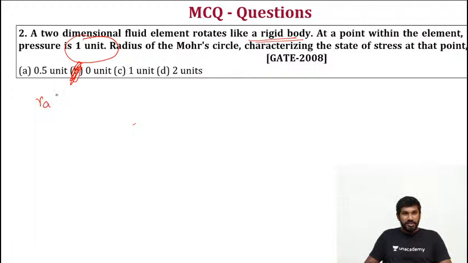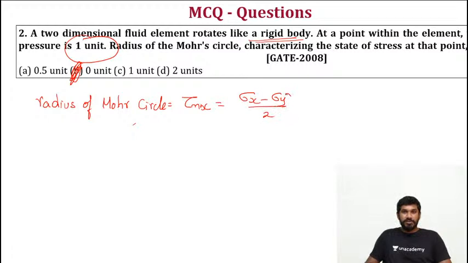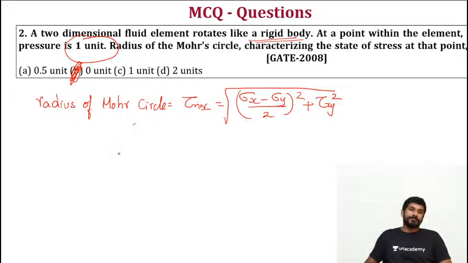And I have already mentioned the radius of Mohr circle is equal to the maximum shear stress, that is equal to the square root of ((sigma x minus sigma y) by 2) whole square plus tau xy square. Where a pressure of 1 unit is applied in a fluid, it means sigma x is equal to sigma y in both directions.